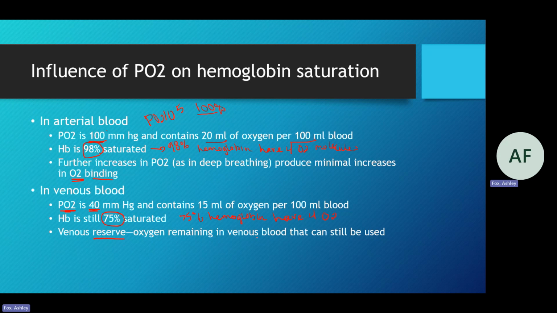Oxygen remains in venous blood and we can't get rid of it completely, and it can still be used. That's important because if, for whatever reason, we're not getting oxygen, so we stop breathing, that's why we can have resuscitation. If you continue to do compression and continue circulation, you have some time where tissues can still get oxygen from this reserve while we're trying to get back breathing and increase circulation.